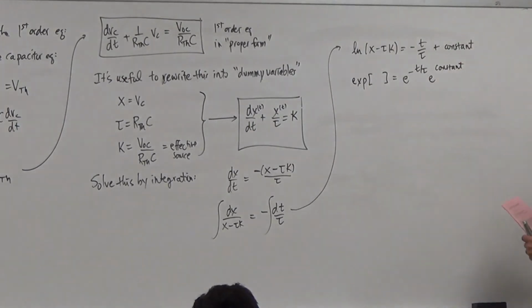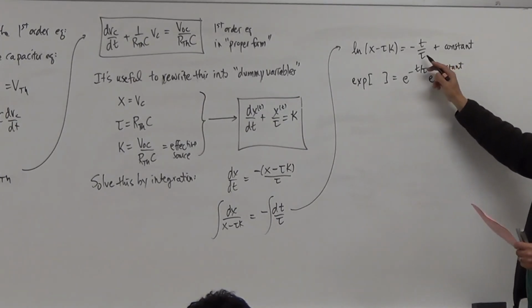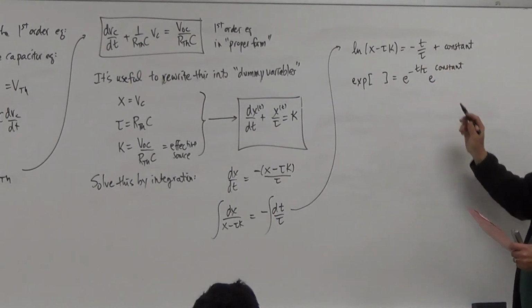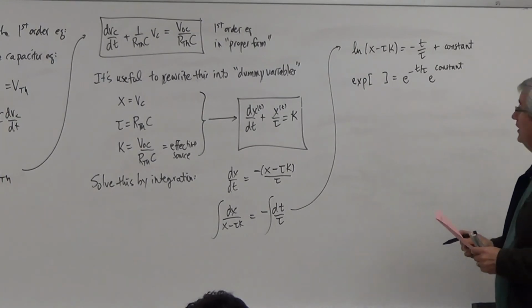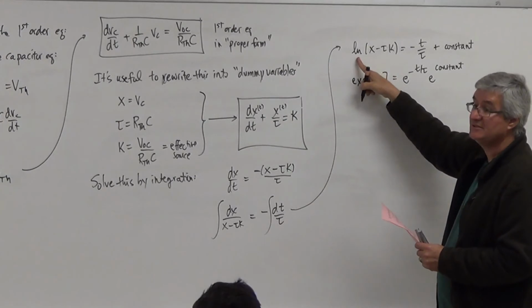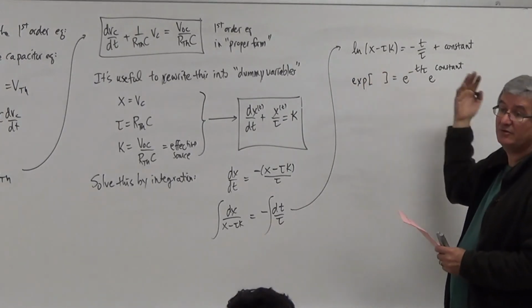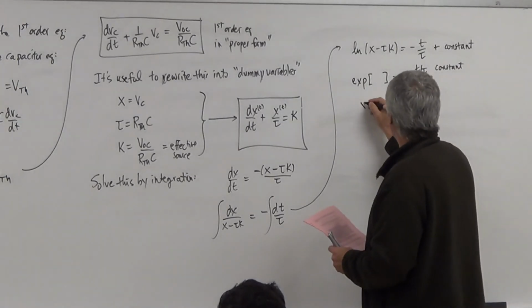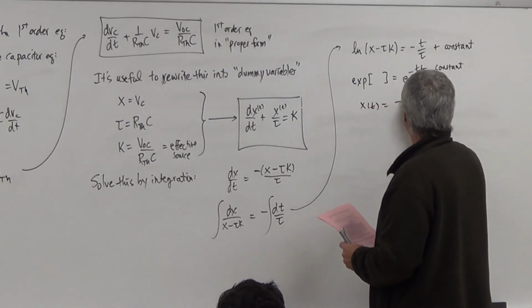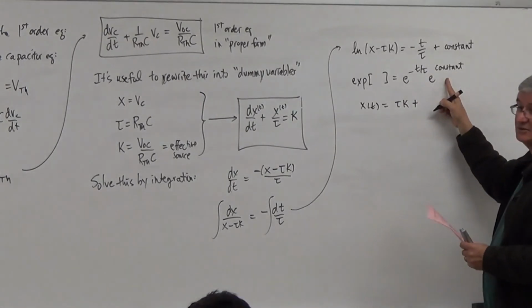I could do that because the exponential of a sum is the product of exponentials as well. So on this side, the exponential kills the log, so I get x, and then I take tau k to the other side. So then x of t is going to be tau k plus this new constant here.